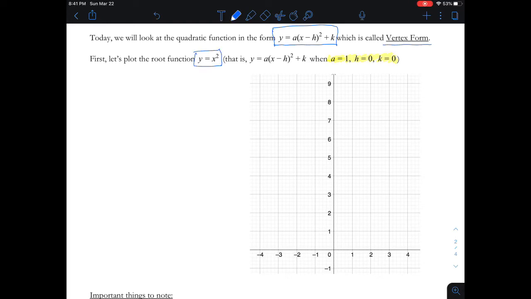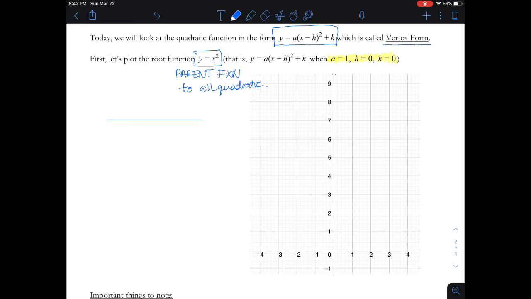And this function, y equals x squared, is what we call the parent function to all quadratics. It's the basic function that we're going to start moving and changing in order to make other functions. So the way I graph it is really simple.